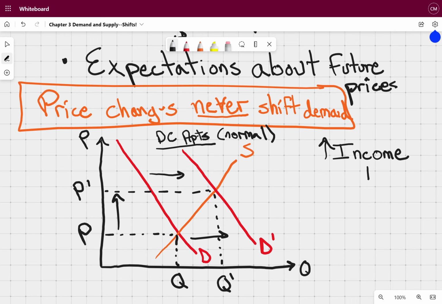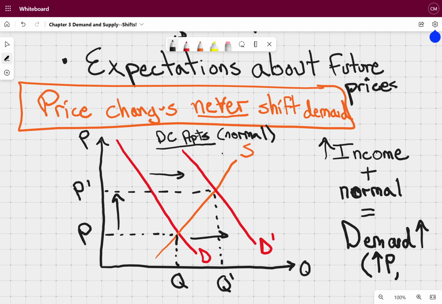So this plus normal good equals demand increase, which, without anything else happening, would result in a higher price and a higher quantity.